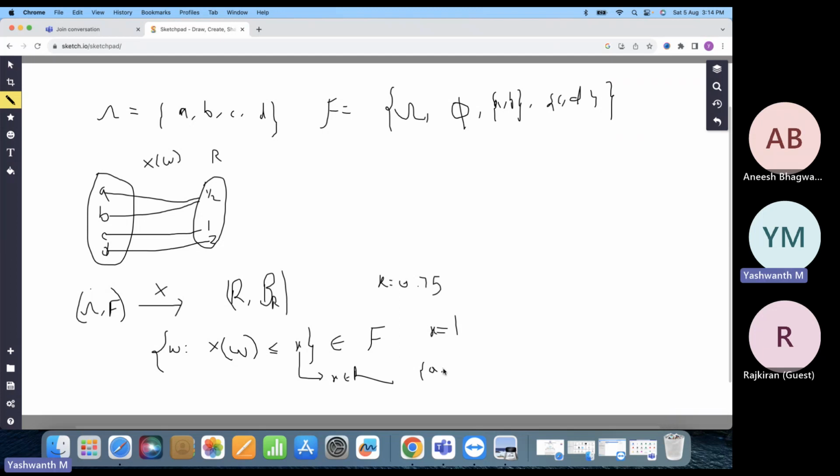So now what you have is AB, and you have ABC. This you got by setting x to 0.5, and this by setting it to 1. If you set it to 2, you get the full omega, and if you set it to 0.25, you get an empty set.